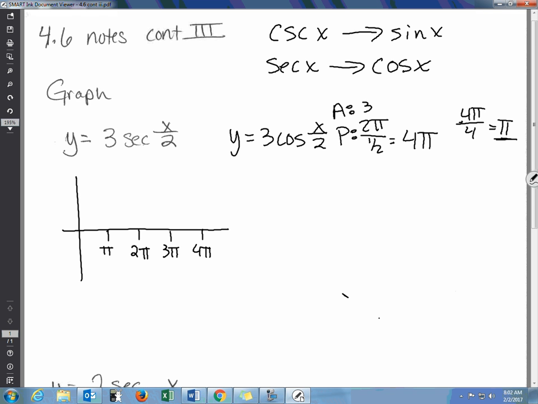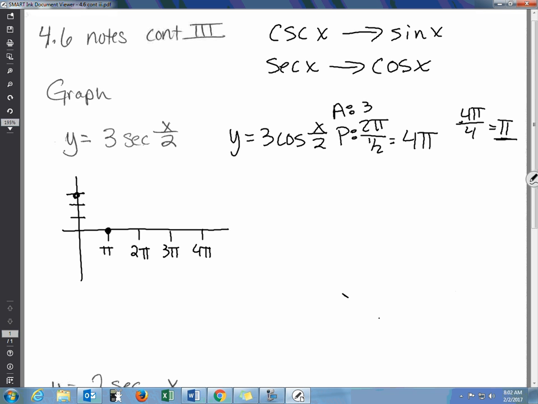Now unlike sine, which starts at the origin, cosine always starts at your amplitude, which in this case is 3. So I'm going to start way up at y equals 3. At the first point over, cosine crosses the x-axis.